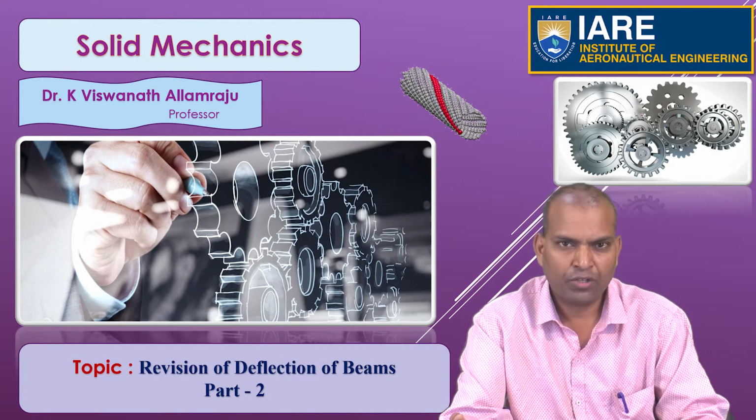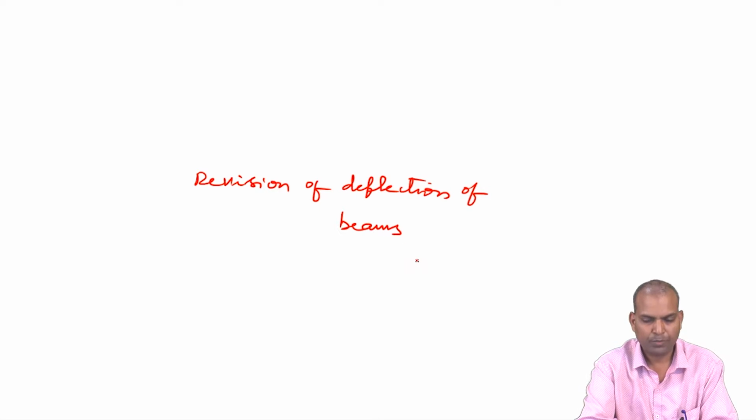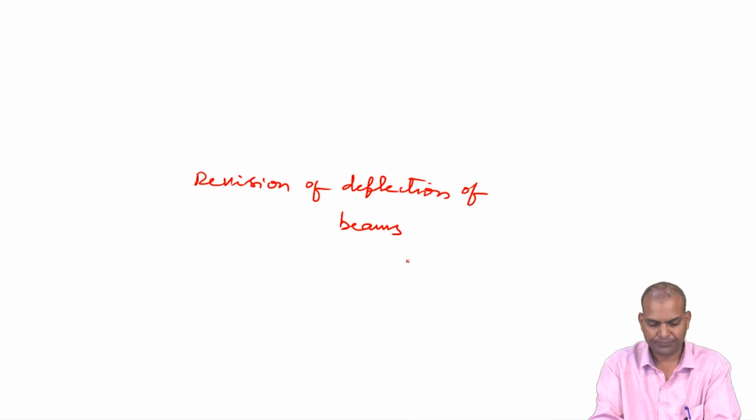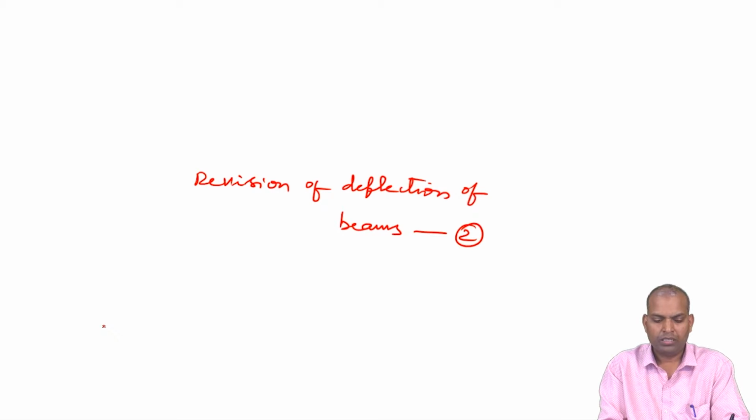In this session, we are going to study revision of deflection of beams. In the previous session, part 1, we covered the governing equation. This is the second session, part 2, deflection of beams.